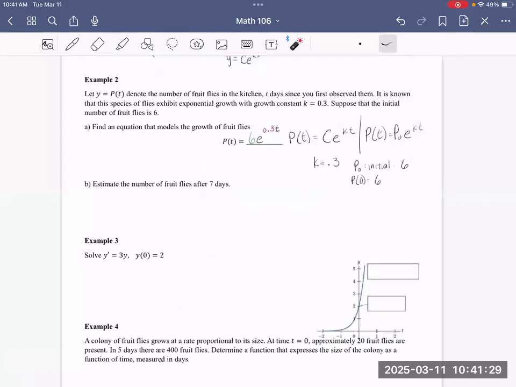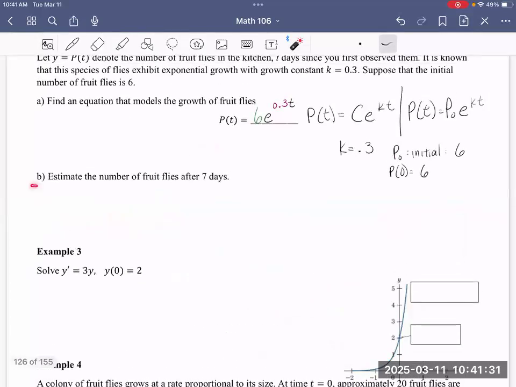So if we were to move on and say, hey, can you now estimate the number of fruit flies after 7 days? We now finally have your formula. So now we need to figure out, what is P of t after these 7 days? If t is equal to 7, we want to evaluate P of 7.